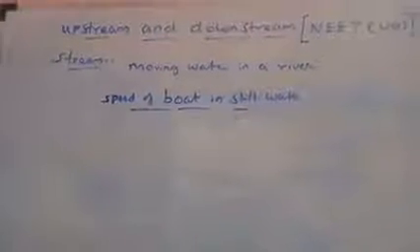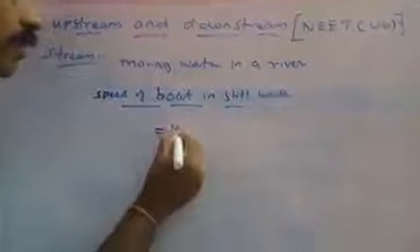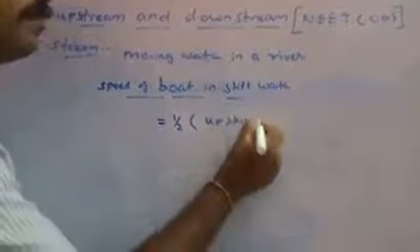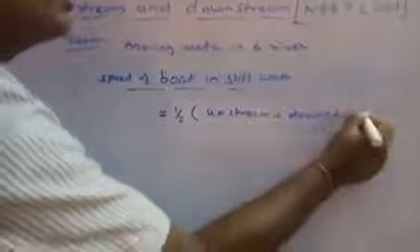The speed of boat in still water is found by using this formula: 1 by 2 into upstream plus downstream. If you know the upstream and downstream, then it is easy to find the value of the speed of boat in still water.